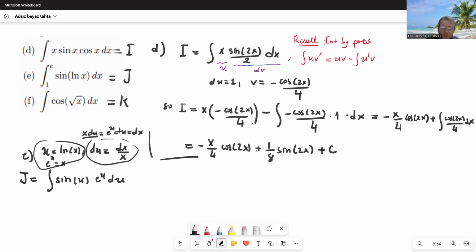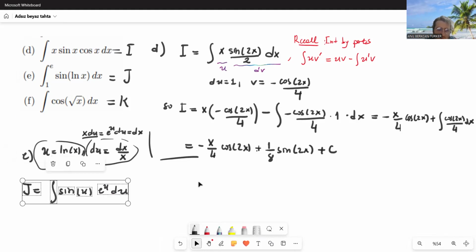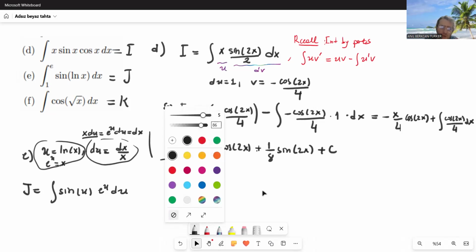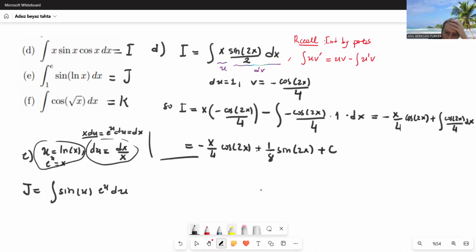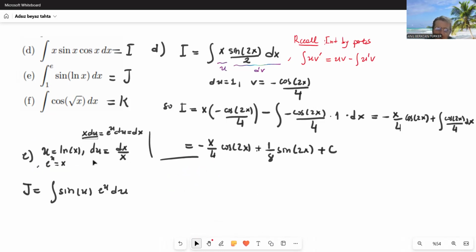What about boundaries? Since I made this a bit messy, let me move it. By the way, let me also delete this part. So the boundaries: when you put x equals 1, what happens to your u?